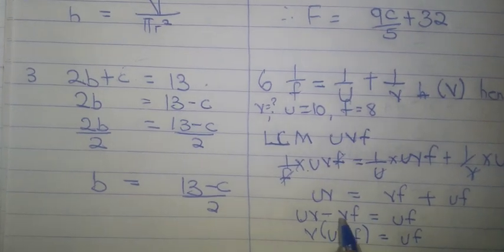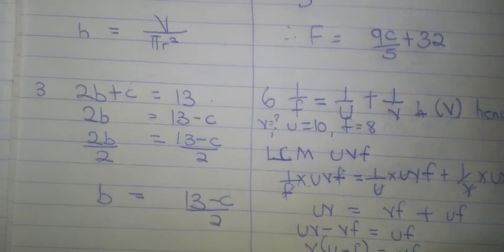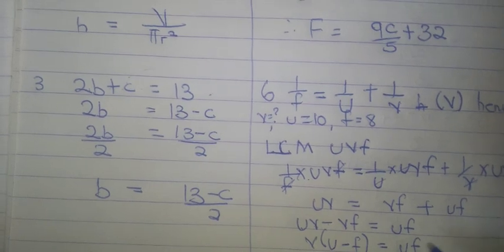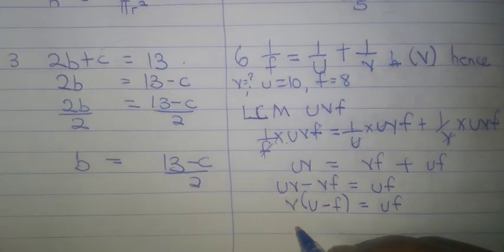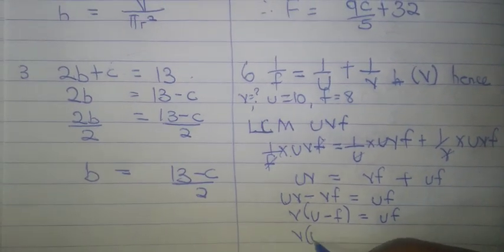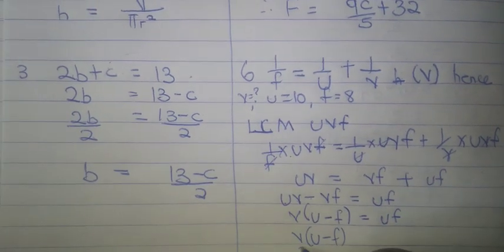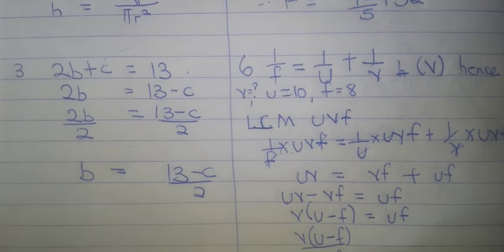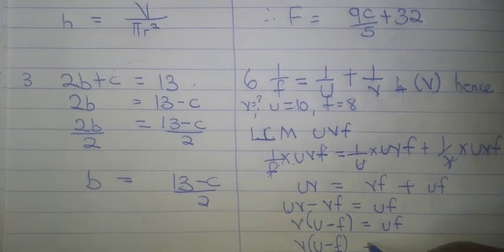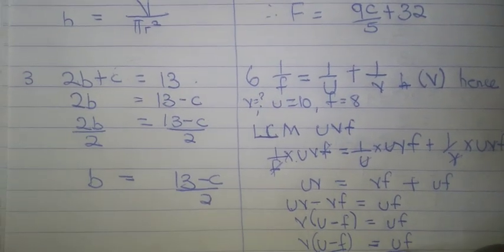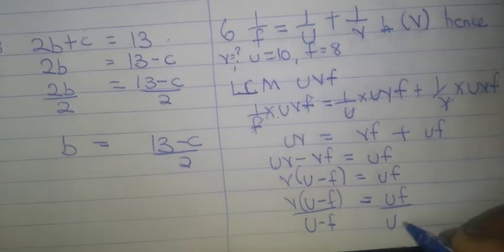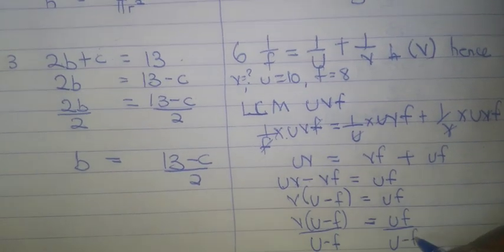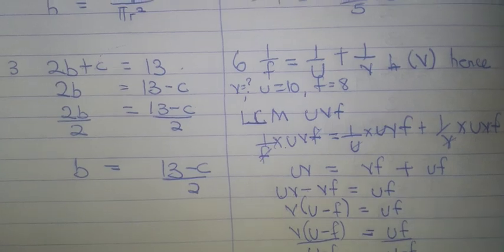So from there, I'll divide both sides by U minus F. So I will say V into U minus F divided by U minus F equals UF. I also divide this side by U minus F. So the U minus F goes away this side.